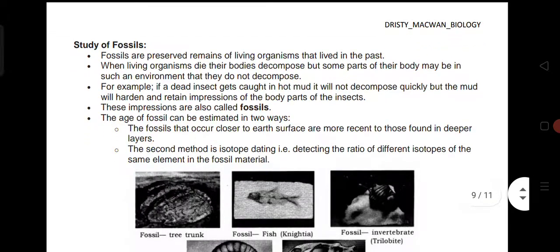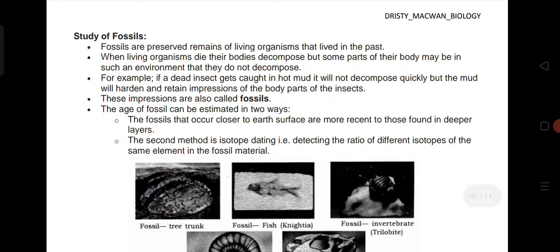Fossils are preserved remains of living organisms that lived in the past. Whatever remains of living organisms are preserved, all those things are said to be fossils. When living organisms die, their bodies decompose.